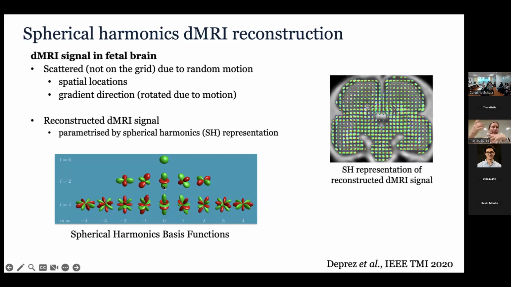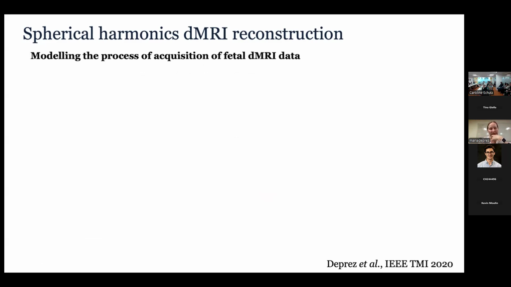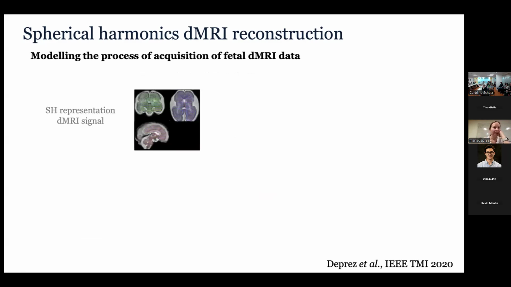We do a linear combination of these basis functions, and it gives us any function on the sphere, and you can make it more or less flexible by choosing different orders of spherical harmonics.